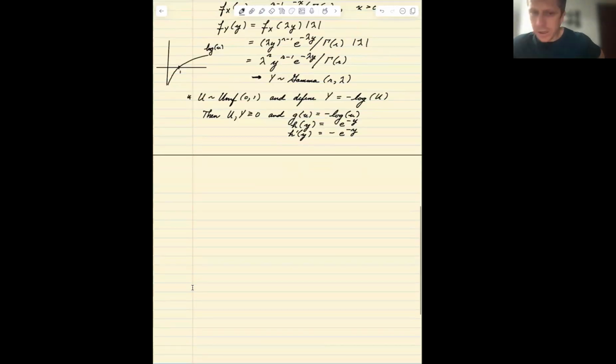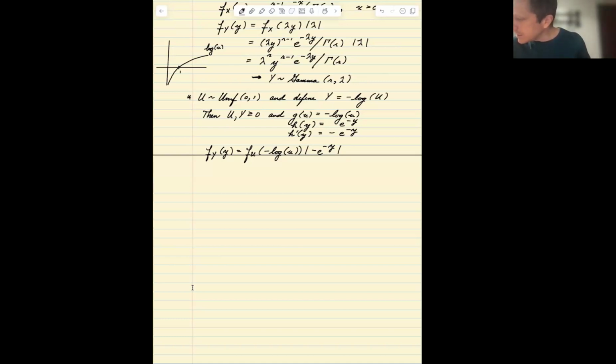And the derivative of h(y) is minus e to the minus y, okay? So then, putting it all together, what do we get? The density of Y is the density of U evaluated at g of u, which is minus log of u, times the absolute value of minus e to the minus y. So Y has to be positive, because U is between 0 and 1, which forces Y to be positive.